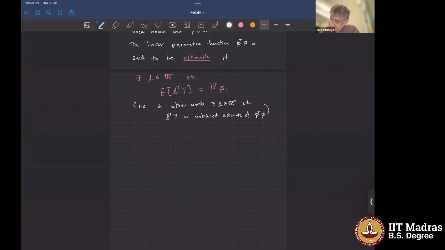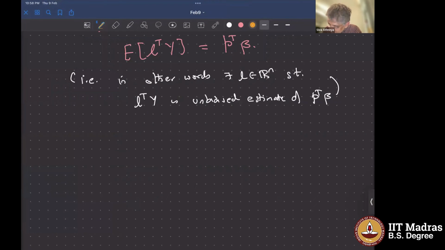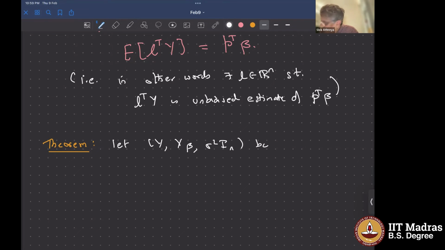Very cool. Now here's the first theorem of the class. Let y, X beta, and sigma squared I be a linear model, and P be a vector in Rm.